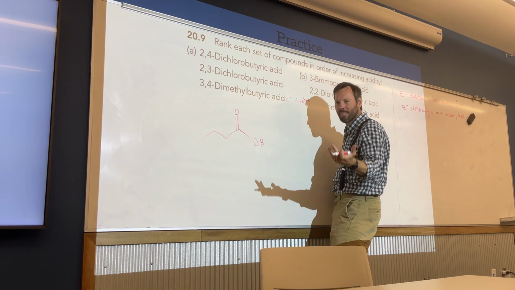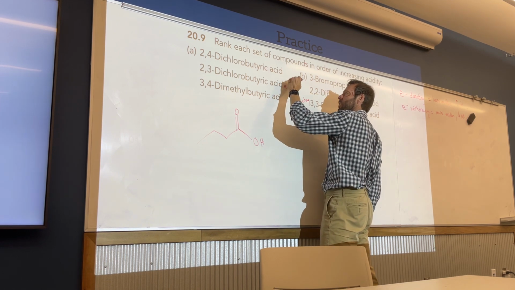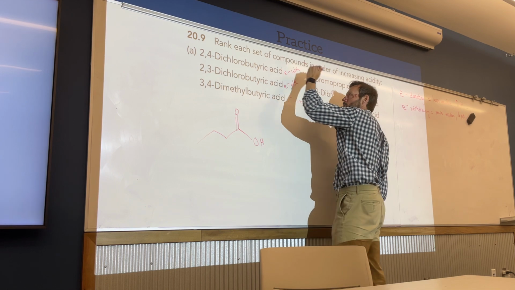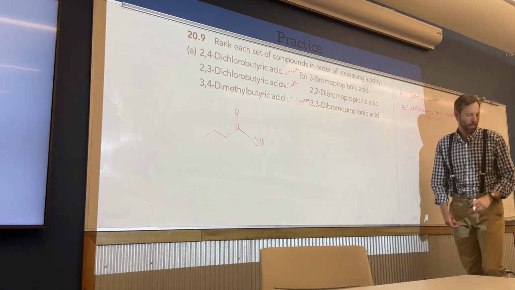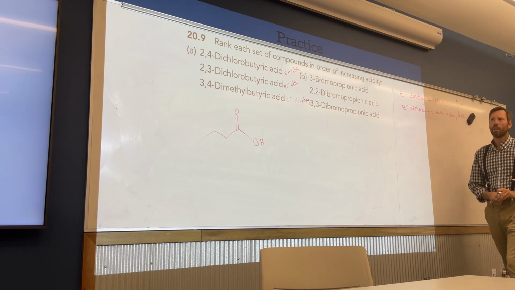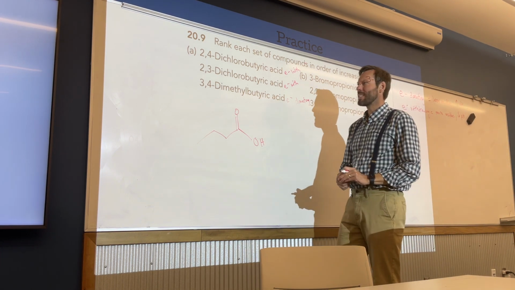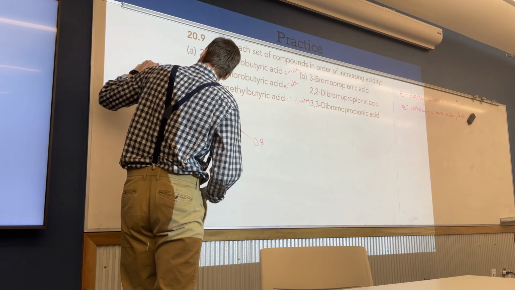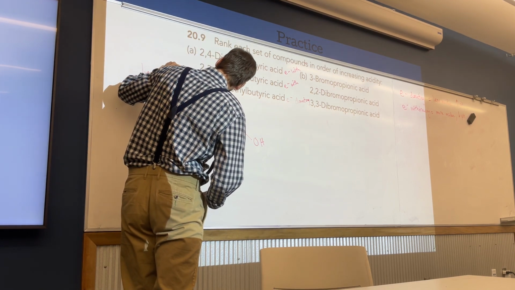This one is electron withdrawing, electron withdrawing. Now, electron donating, less acidic. So we can say right now that dimethyl butyric acid is going to be the least acidic, right?